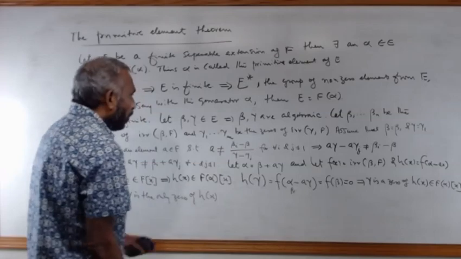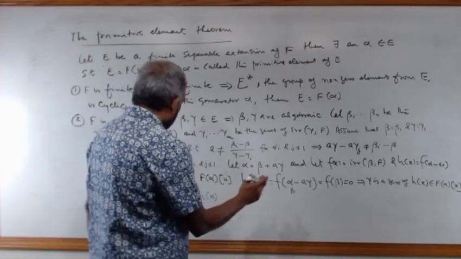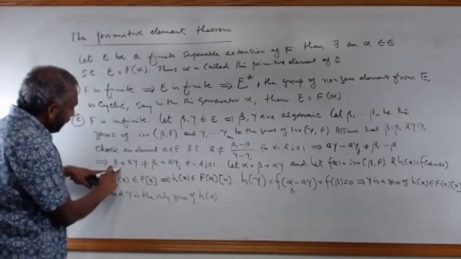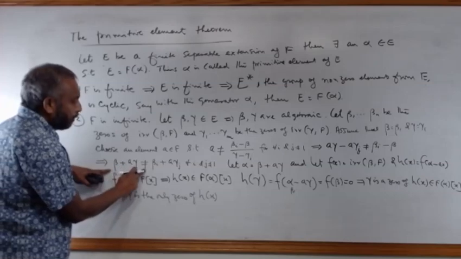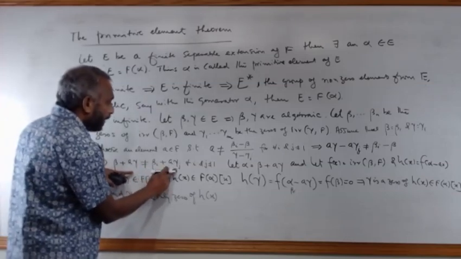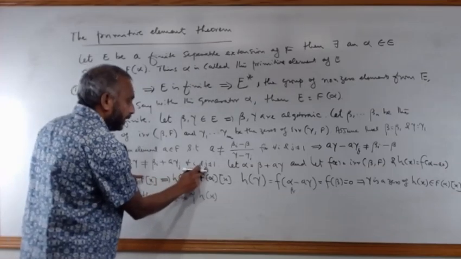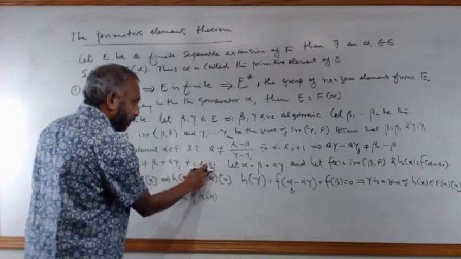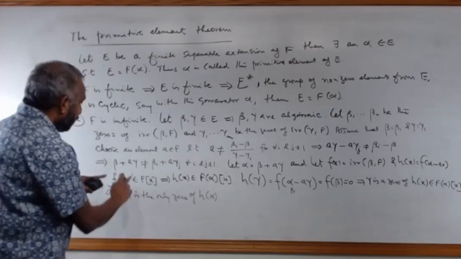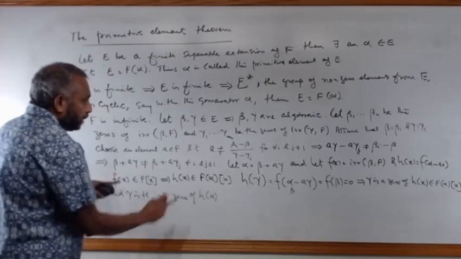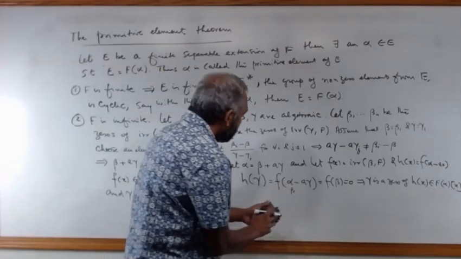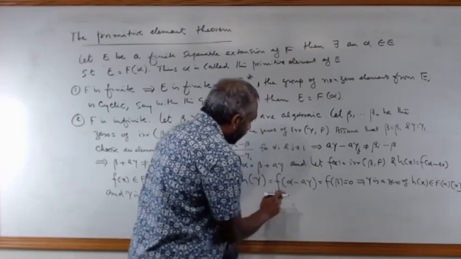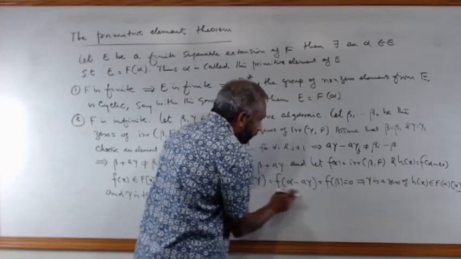And we already showed that b plus a gamma is different from bi plus aij for all i and j different from 1. So with this condition, there is only one element here that makes f 0.